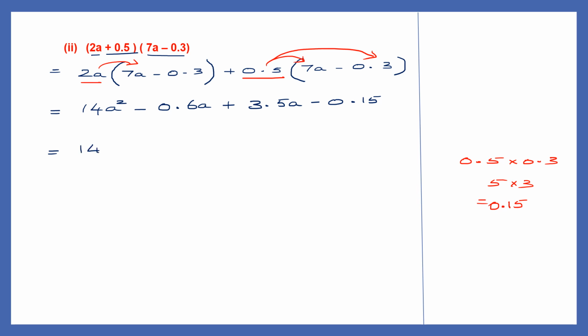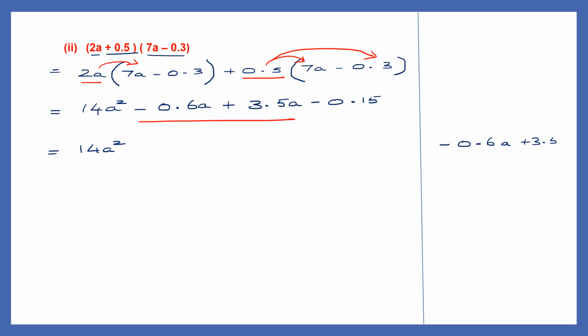Let's simplify. 14a square. And here we have like terms which we can work on. So that is minus 0.6a plus 3.5a. Here as you can see, one is minus, one is plus. So we put the sign of the bigger number, which is 3.5. So the sign is going to be plus and we subtract the two numbers.